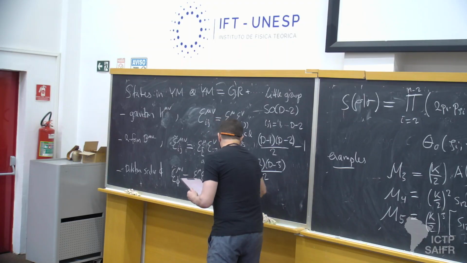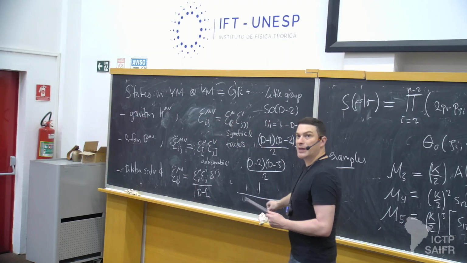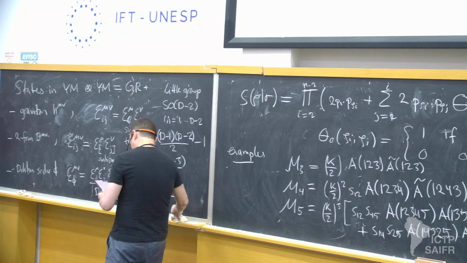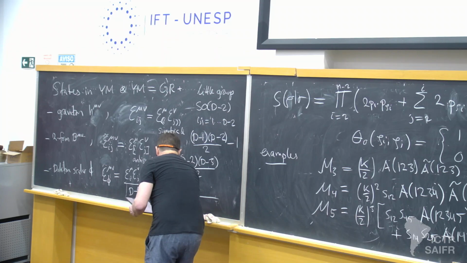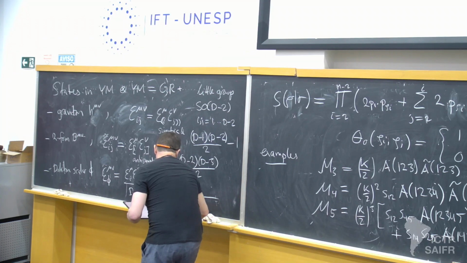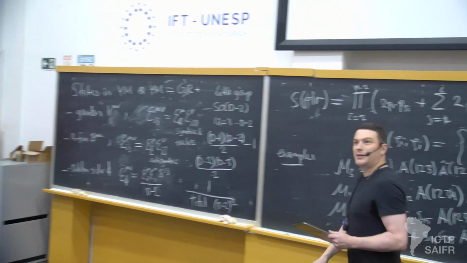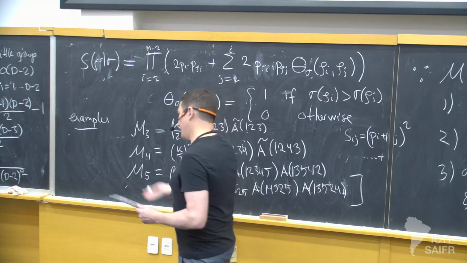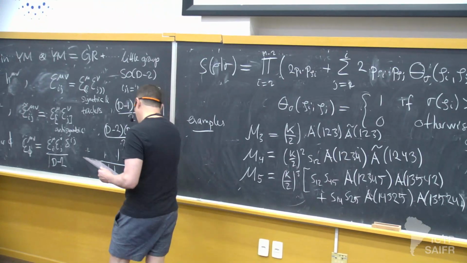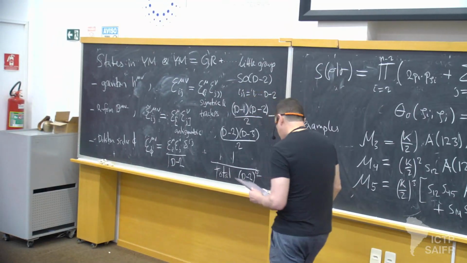And then you can add up the number of states, and of course it's going to give you a total of d minus 2 squared, because it's just the squared states of Yang-Mills. In Yang-Mills you have d minus 2 states in the little group, and you get the square.